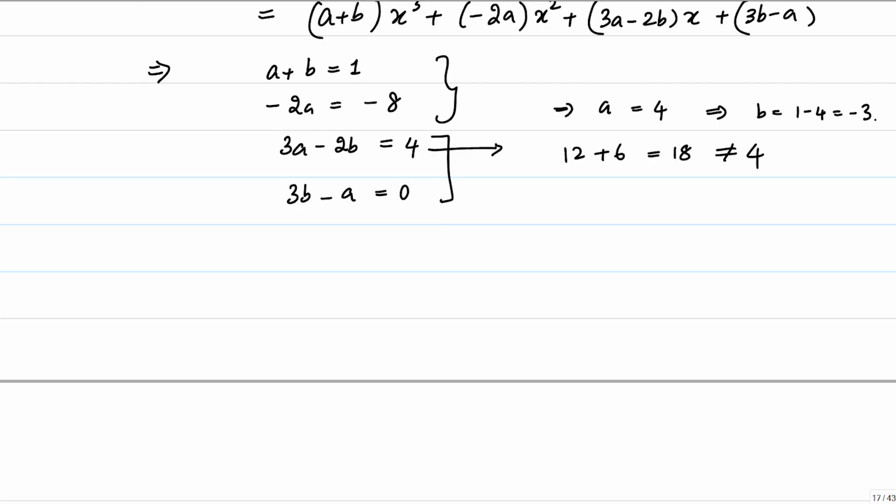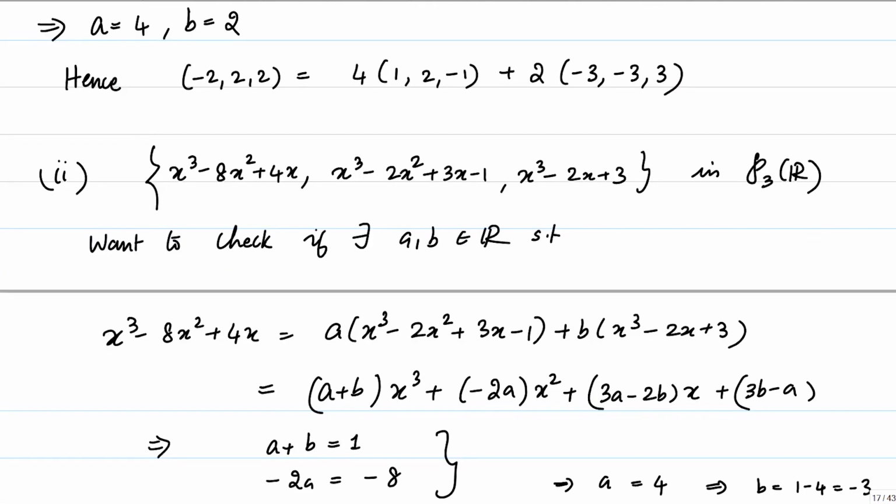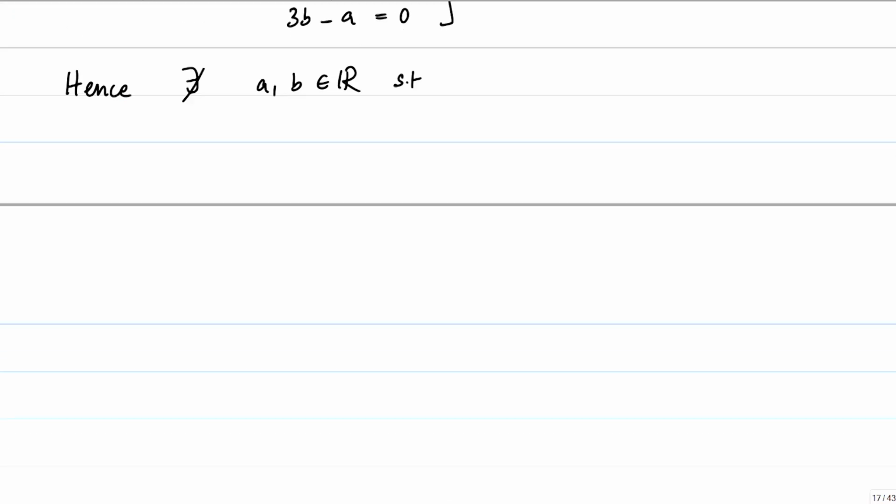So we don't even need to bother about whether the fourth equation can be satisfied. The first two equations force a to be 4 and b to be minus 3, but with 4 and minus 3 the third equation cannot be satisfied. Hence there does not exist a, b in R such that star is satisfied.